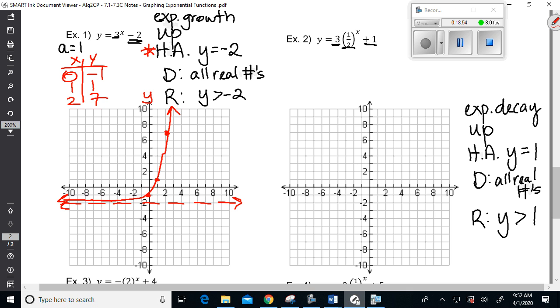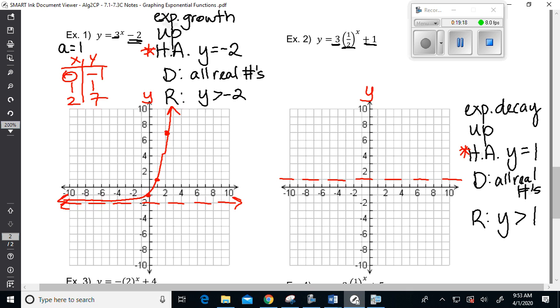Horizontal asymptote goes on the graph first. Go to y equals 1 and put your dotted or solid line. It doesn't make a difference. Remember, if you can't access a printer, you can draw your own graph, so there are no excuses for not doing a graph.